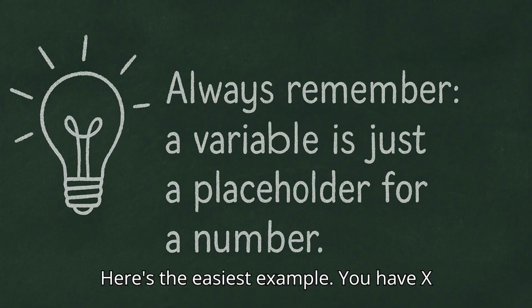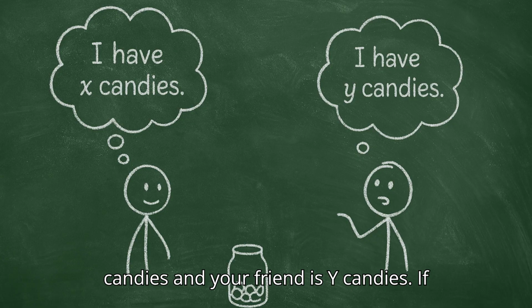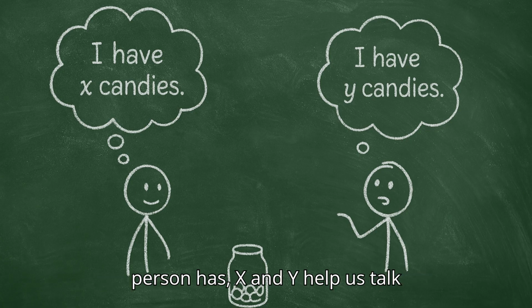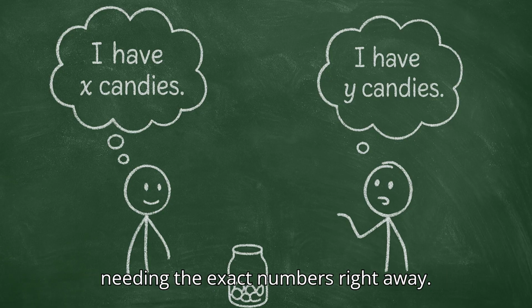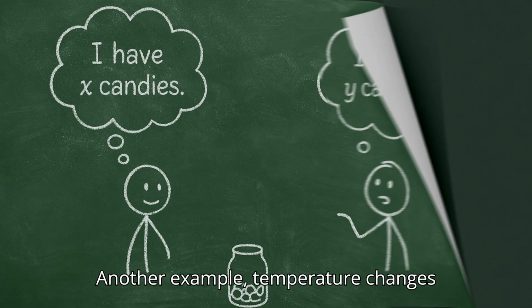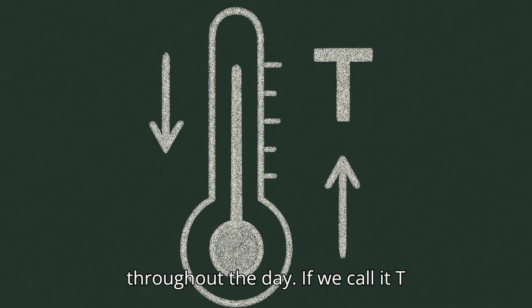Here's the easiest example. You have x candies and your friend has y candies. If you don't know exactly how many each person has, x and y help us talk about and compare these amounts without needing the exact numbers right away. Another example, temperature changes throughout the day.